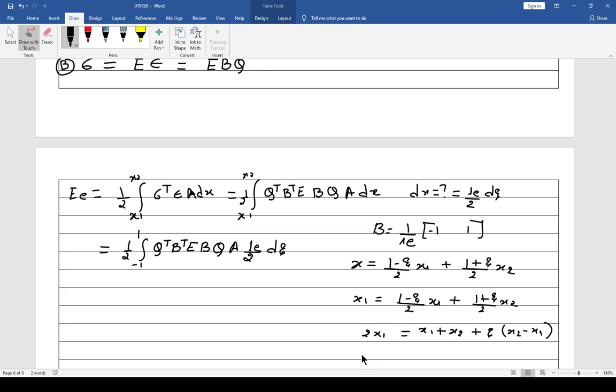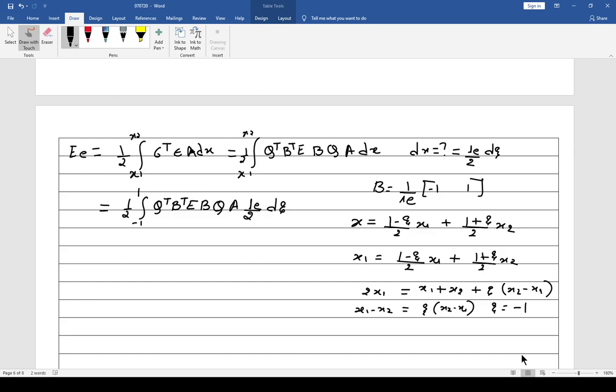If I bring this to this side, I get x1 minus x2 is equal to xi (x2 minus x1), and from this I could easily say xi is equal to minus 1. That is why the limit is going to change from minus 1 to plus 1. Similarly for the other one you can find out, you will get xi equal to 1.